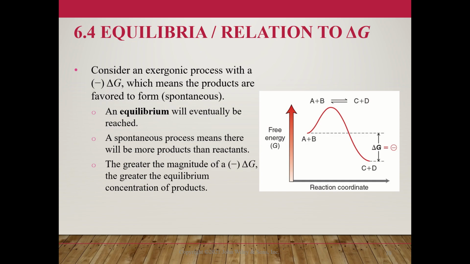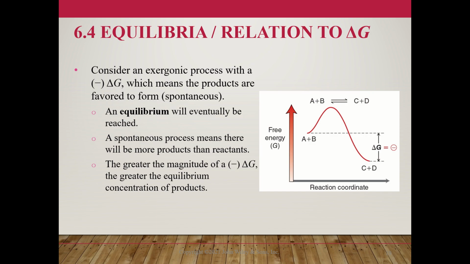Now consider the exergonic process with a negative delta G, which means that the products are favored to form, and therefore a spontaneous reaction in the direction of forming products. An equilibrium will eventually be reached, though. A spontaneous process means there will be more products than reactants.